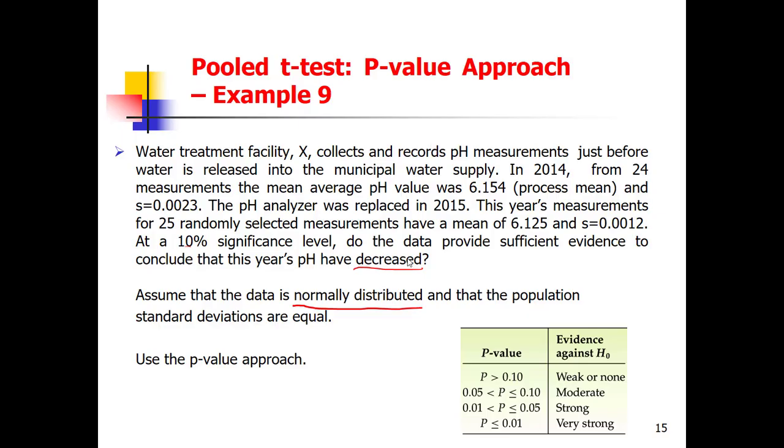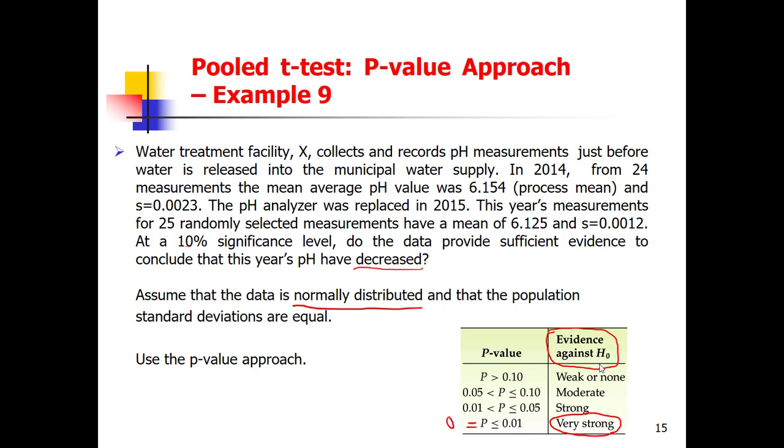Or based on this table, the p-value that we got is 0, which is smaller than 0.01. So we have very strong evidence against the null hypothesis. Against means rejection of the null hypothesis.